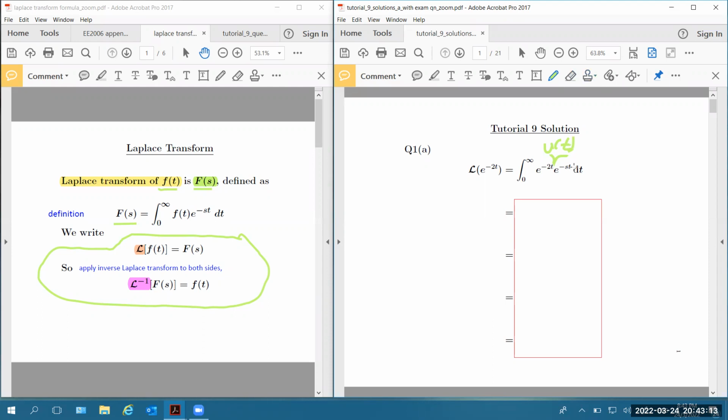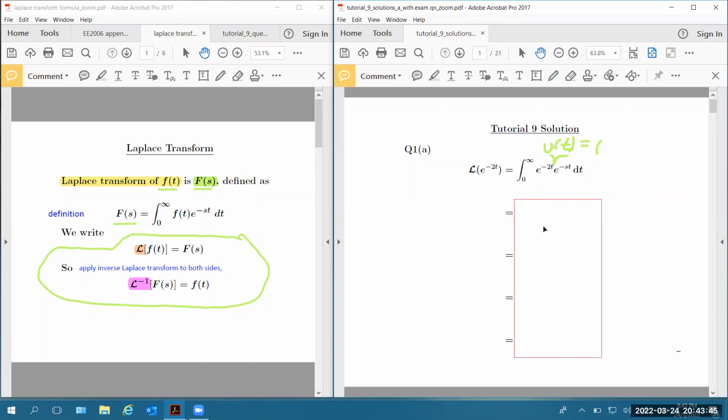So when t is between 0 and infinity, greater than or equal to 0, what is the value of u(t)? It's 1. So that's why you don't see it.